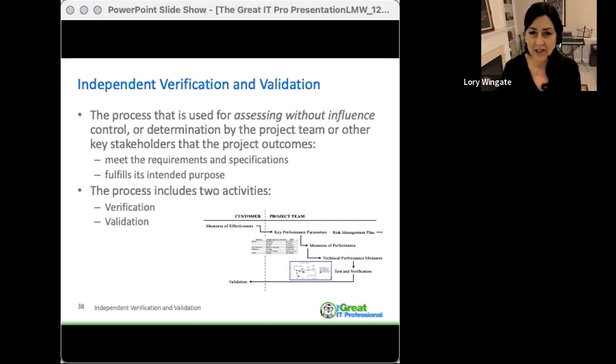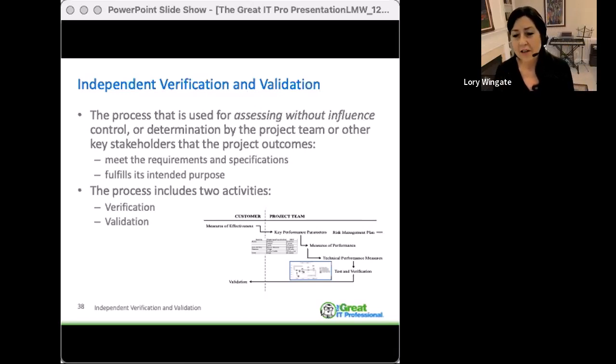You could imagine that a project team assessing their successes, or the customer or other stakeholders assessing the success of the project without an independent viewpoint, could skew the results. The process includes two very key activities, verification and validation.